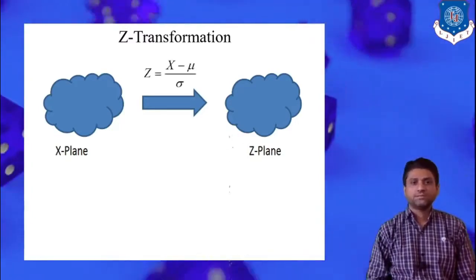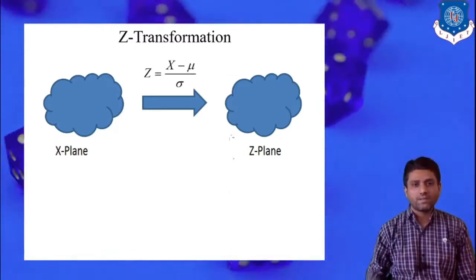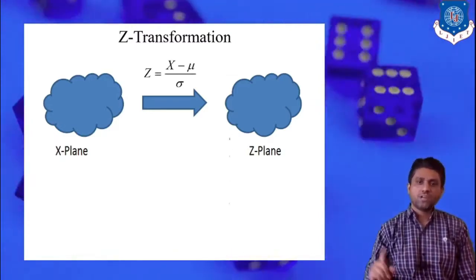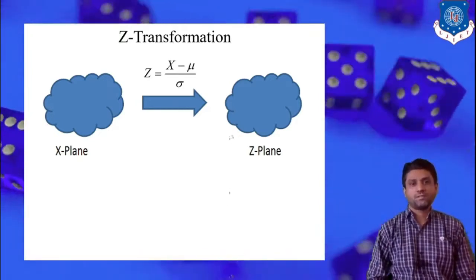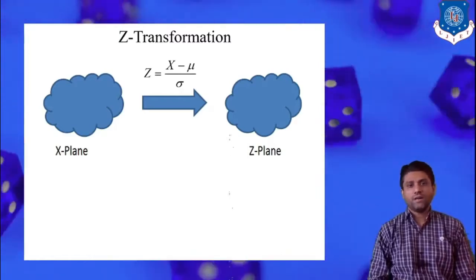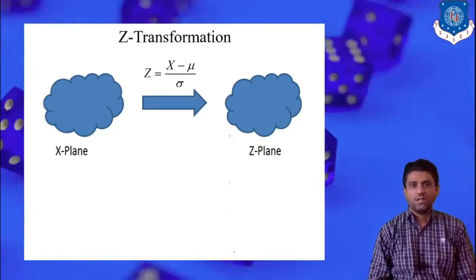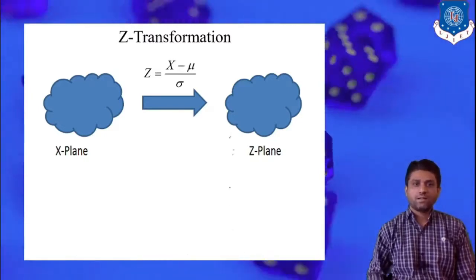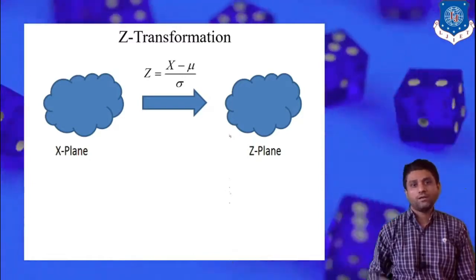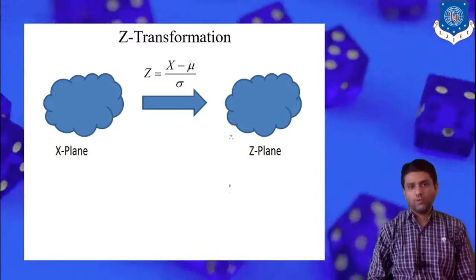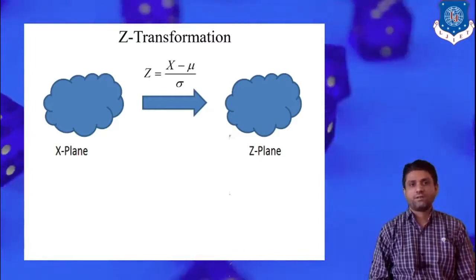These are fixed transformations. This cannot vary from example to example. This transformation is fixed whenever x doesn't fall in the interval minus 3 to 3. The Z transformation is z equals x minus mu upon sigma, where x represents the particular value of x for which we want to find the probability, mu is the mean, and sigma is the standard deviation.